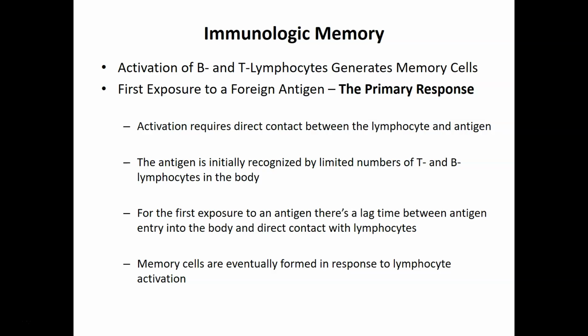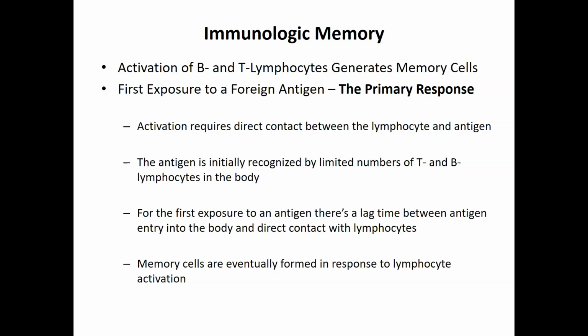So let's describe what happens the first time you encounter a pathogen or a foreign antigen. This is called the primary response. The first time that you encounter a foreign antigen, this foreign antigen can activate B cells, helper T cells, and cytotoxic T cells, as long as their antigen receptor can bind to this antigen.